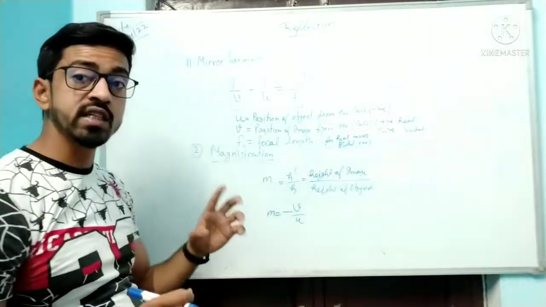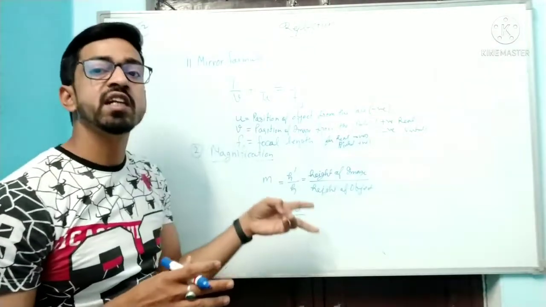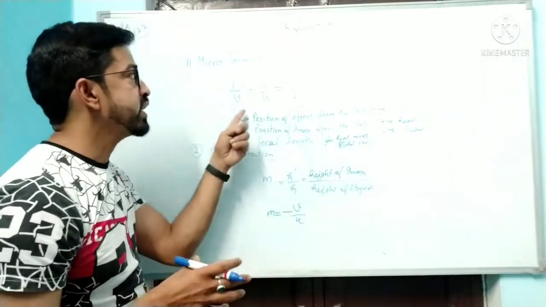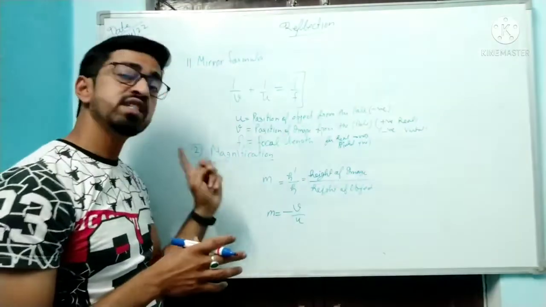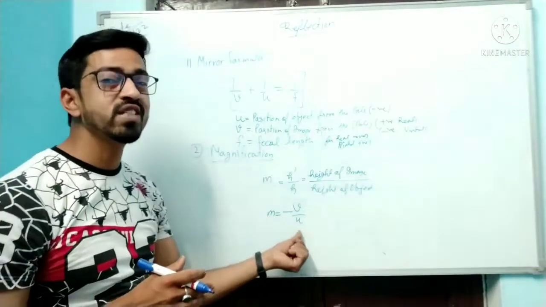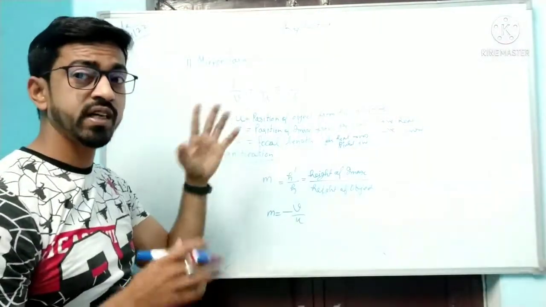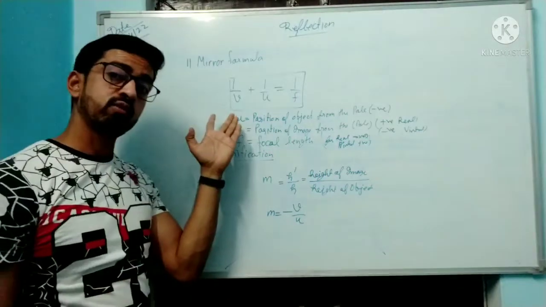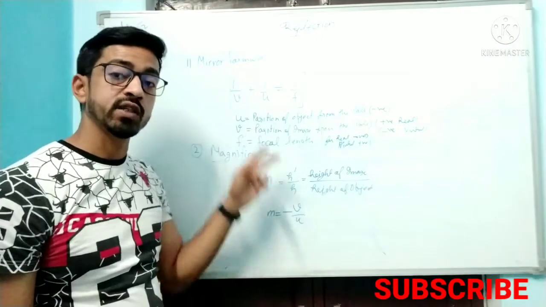It is very easy. Whenever you practice a lot, you find the tricks behind it. The lens formula is also the same, but there is a minus sign. The lens magnification formula is also the same, but there is a positive sign. So just remember, in the mirror the formula has a positive sign and the magnification formula is negative.